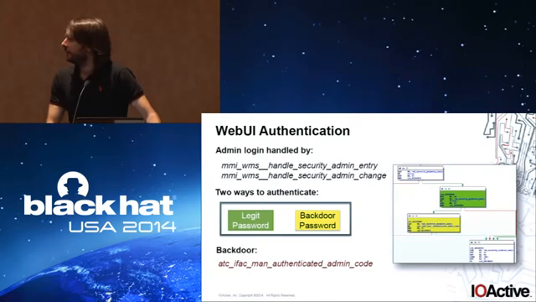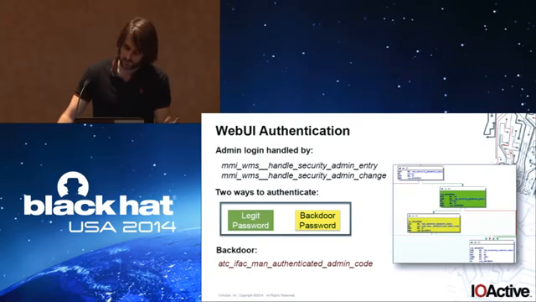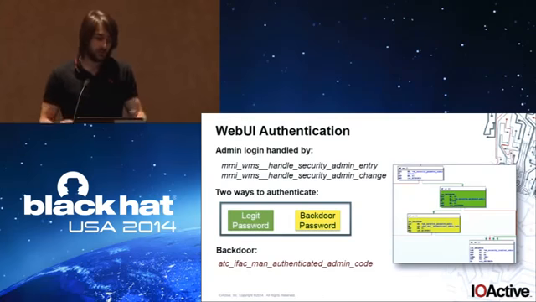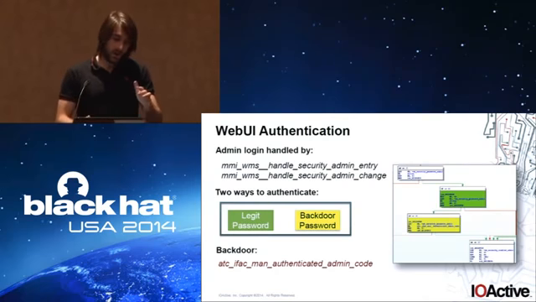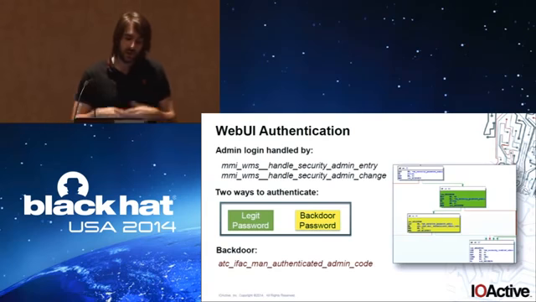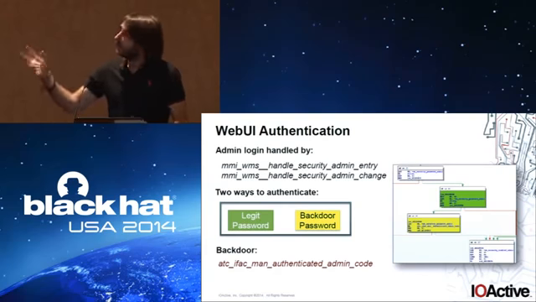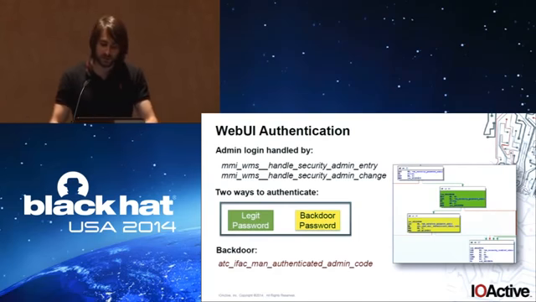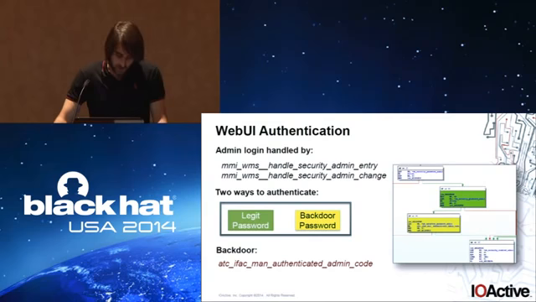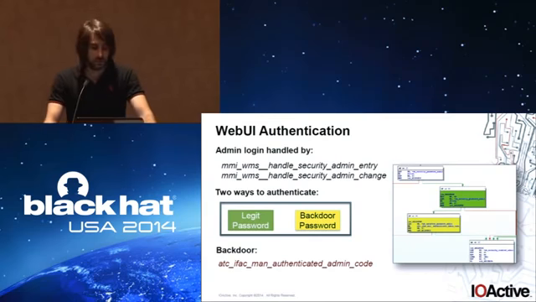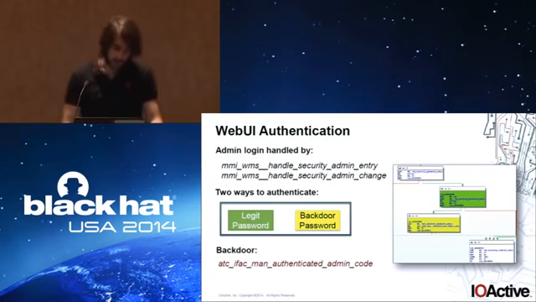If we look at the authentication for those features, then we see again an interesting feature. If you fail with your original password, you have another opportunity. In the yellow basic block, you can see that there is another comparison before failing, and there is a function called ATC IFAC man authenticated admin code.